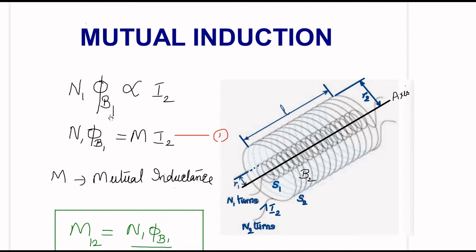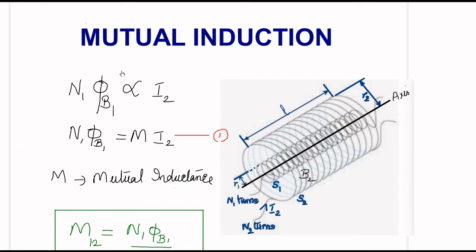Let phi B1 be the magnetic flux associated with each turn of the coil S1, and it has N1 number of turns. Total flux associated with this coil S1 is N1 into phi B1.